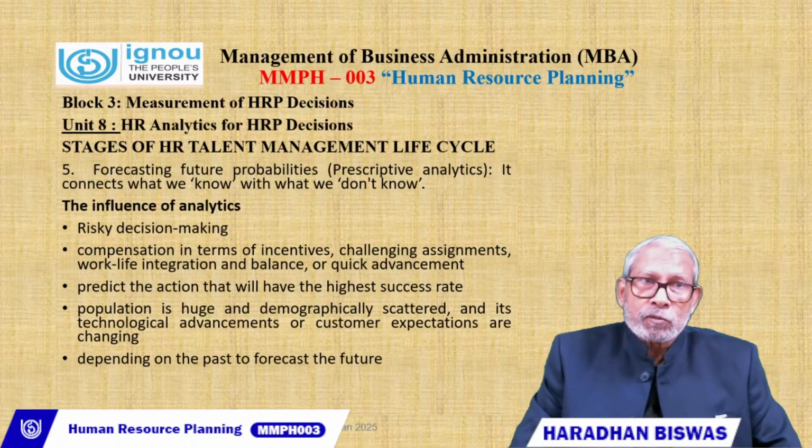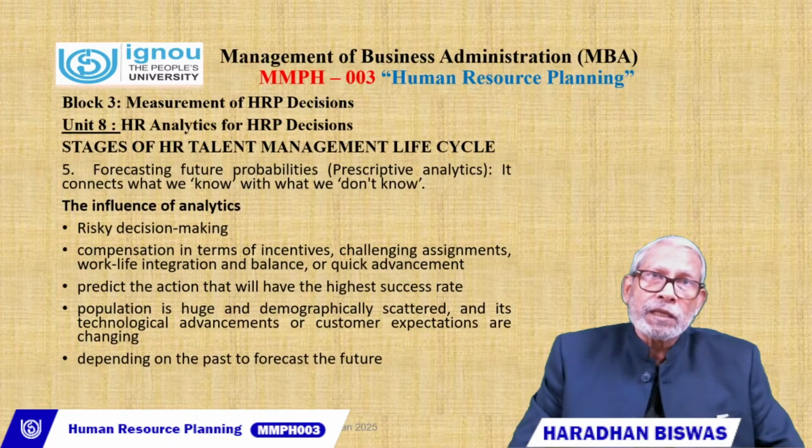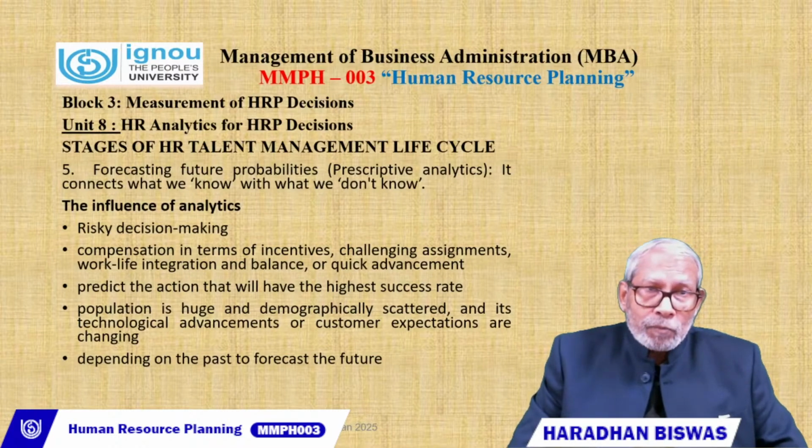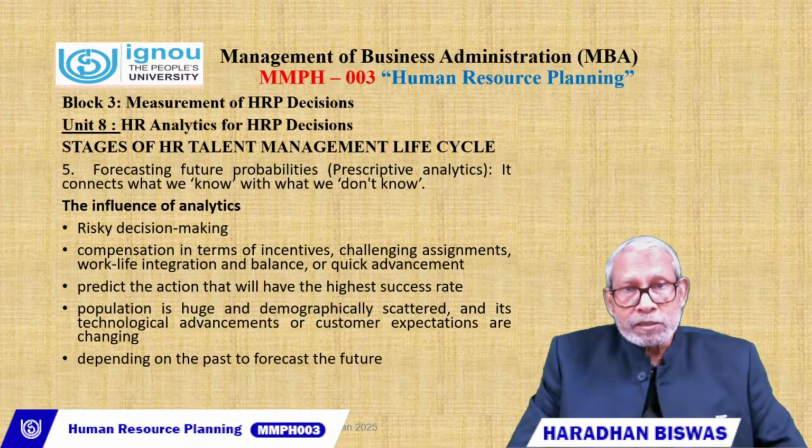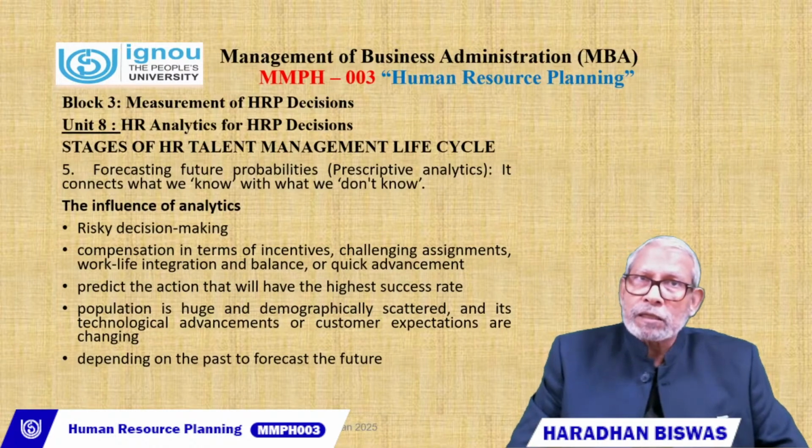I mean, the things that are influencing your analysis. When you are doing analytic work, what are the things that basically influence it? Risky decision making. Then compensation in terms of incentives, challenging assignments, work-life integration and balance, or quick advancements. So all of these things really influence the analysis.